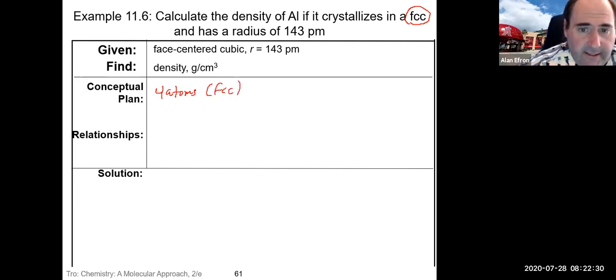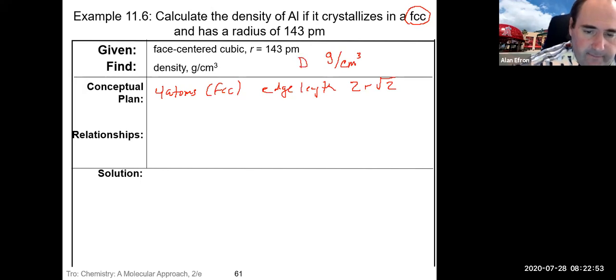The other important part is the edge length formula for that one. Because it is face-centered, that was the last one that we just saw, which is 2 times the radius, the square root of 2. So what we're looking for here is the density, and density is grams per cubic centimeter.